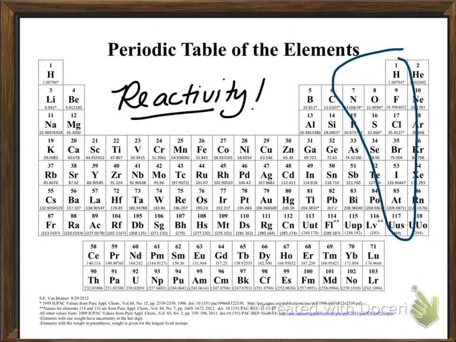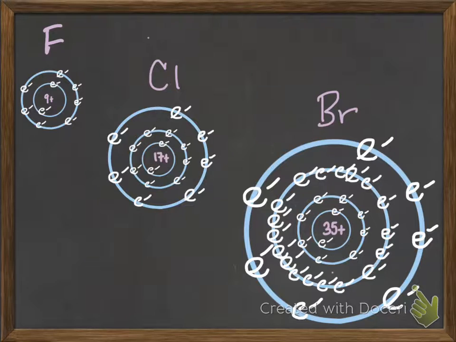Let's talk about the non-metals for a second, and specifically, let's talk about the halogens. We're going to forget hydrogen over here. So the halogens are very reactive, but their reactivity is a little different than that we see in the metals. Halogens' reactivity depends on being able to add an electron to this outermost shell and become an ion.